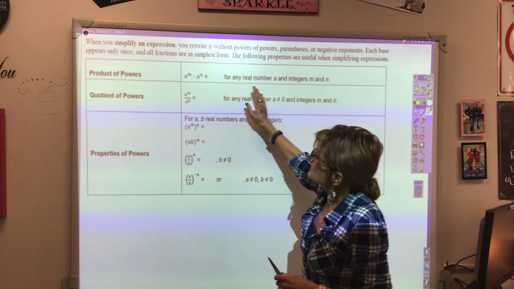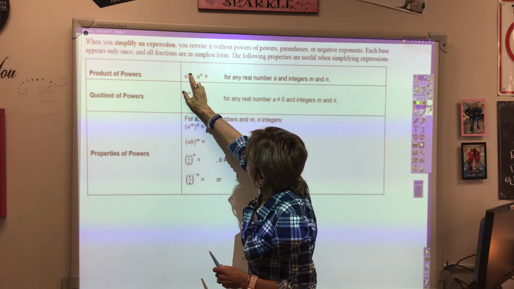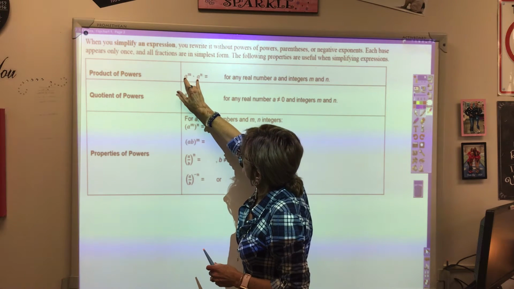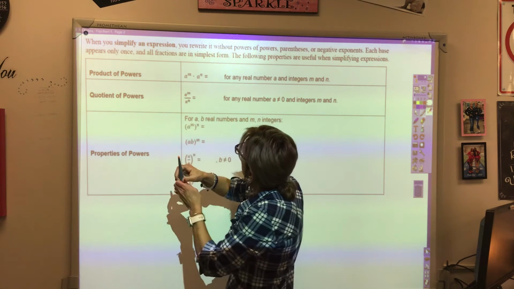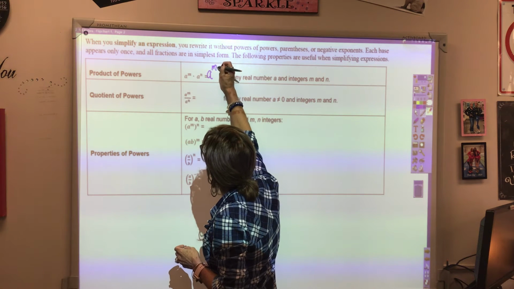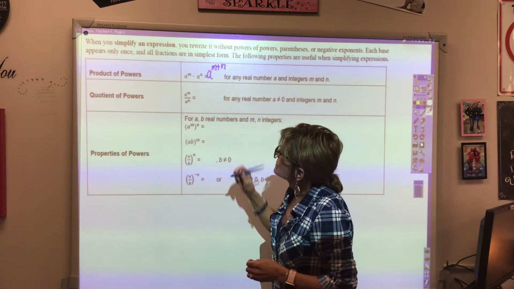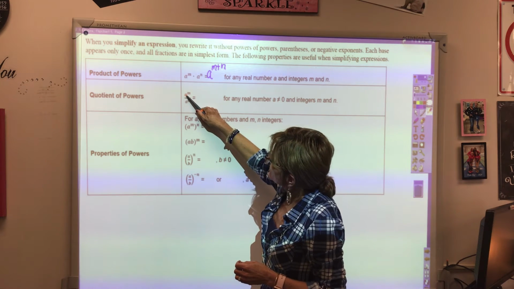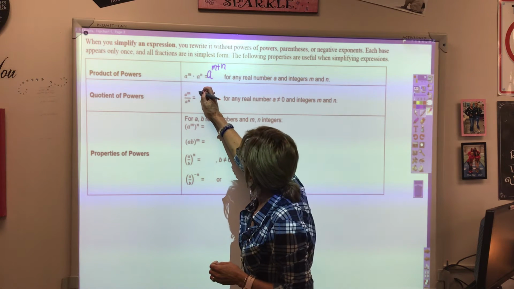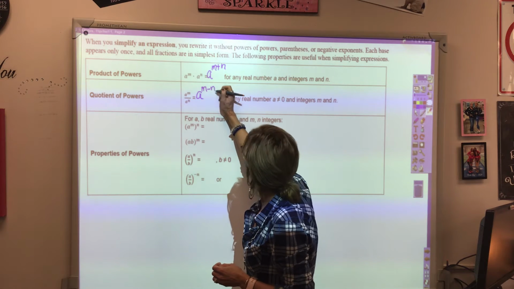The first one, the product of powers, means that when you multiply terms with the same base, the base is a, you add their powers. This would be a to the m plus n. When you divide terms with the same base, again the base is a, this would be a to the m minus n.